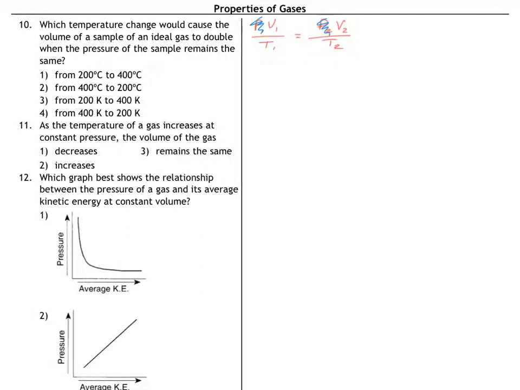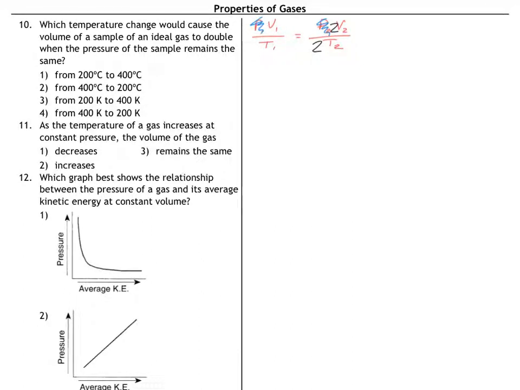And we just want to know which temperature change would cause the volume of the gas to double. So if I want V2 to come out with double the volume of the original, then that means that T2 also needs to be double. And that's just straight up algebra right there, because V1 over T1 needs to still be equal to V2 over T2. So if you're doubling the volume, you also must double the temperature.